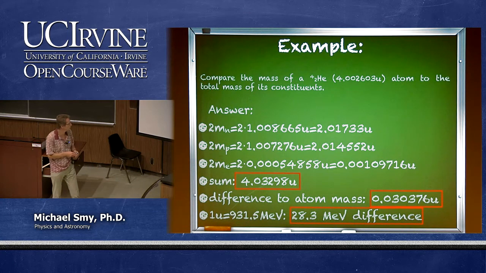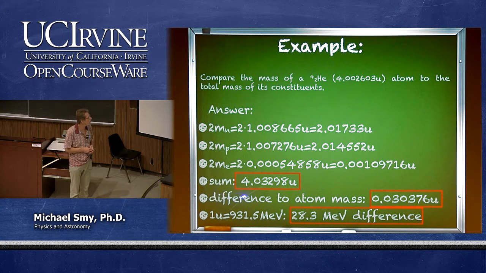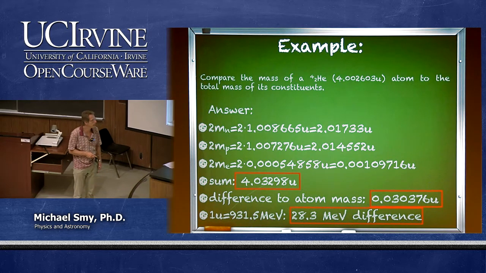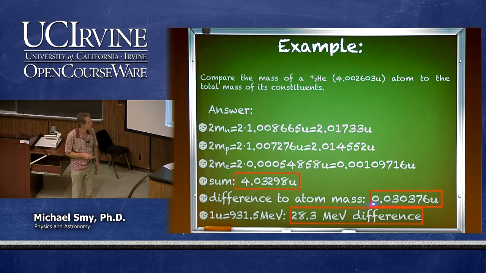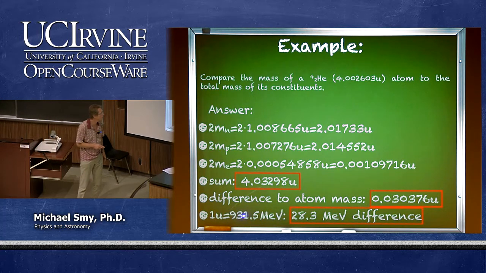But the mass of a helium-4 atom is actually only 4.002603 atomic units. And therefore, the difference between the sum of the mass of the constituents and the atom mass is 0.030376 atomic mass units. We can express the atomic mass unit in terms of energy.